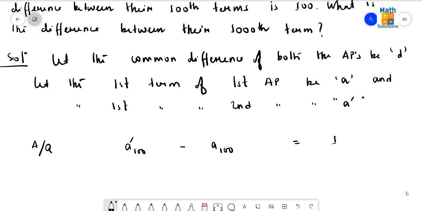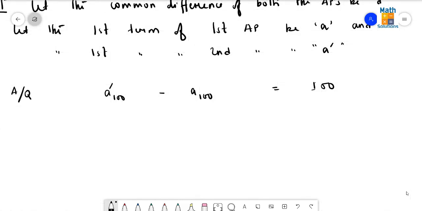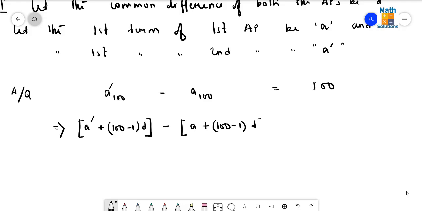So according to the question, their difference is 100. So if I proceed with the general formula, what can I write here? a dash plus 100 minus 1 d for a dash 100. Then after, for a 100, this will be the first term a plus again 100 minus 1 d, that is equal to 100.